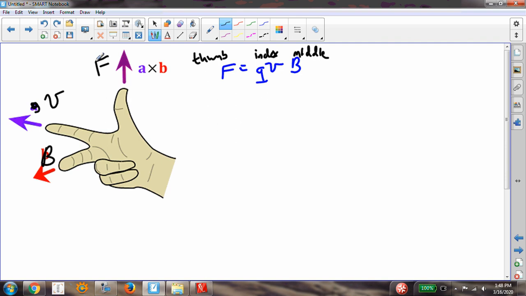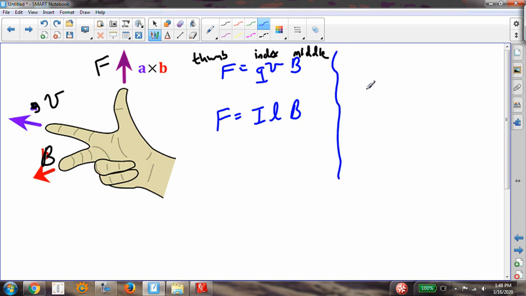There's a very similar application when I have a current traveling through a wire. And the equation for this, which we haven't seen yet today, but we'll see it on Wednesday, is F equals I L B. And actually there's a sine theta term, but F is equal to I L B. Let's make a little aside right quick.